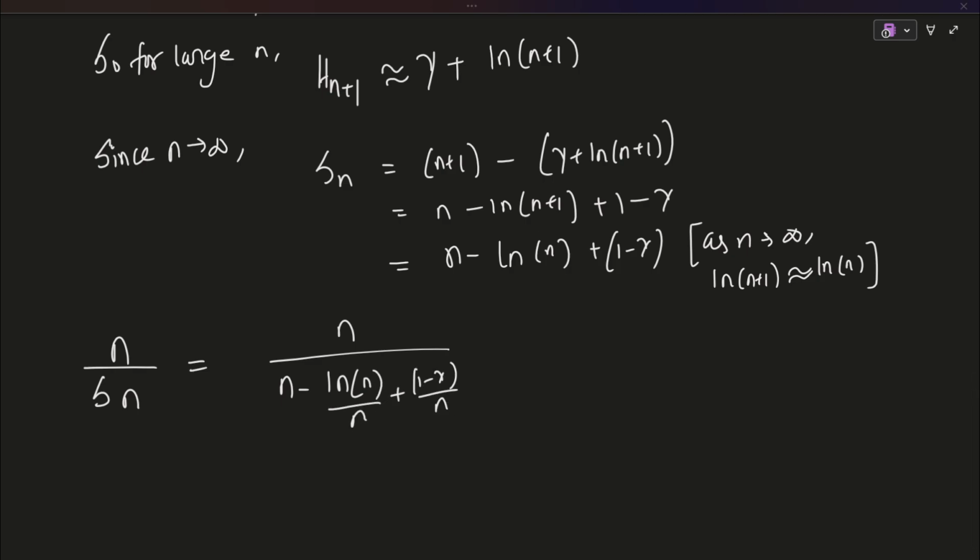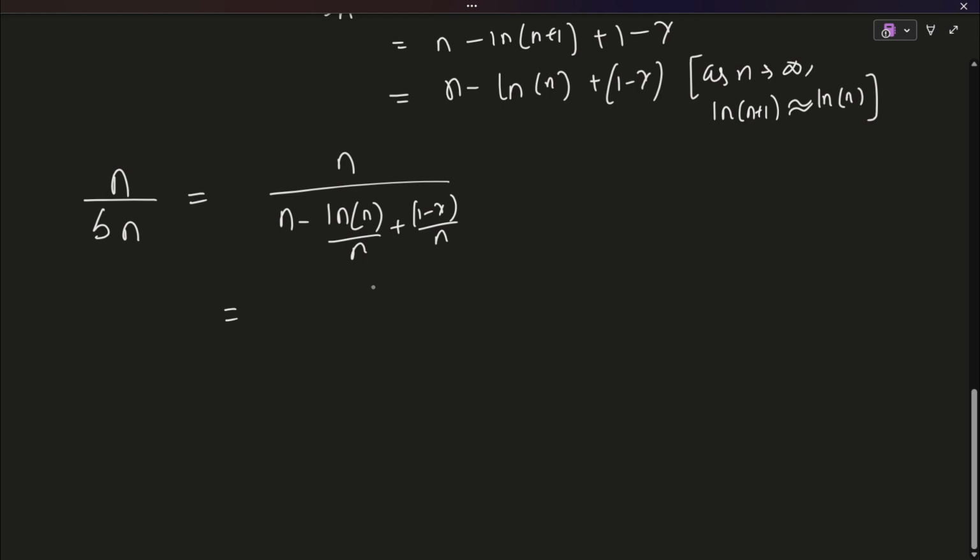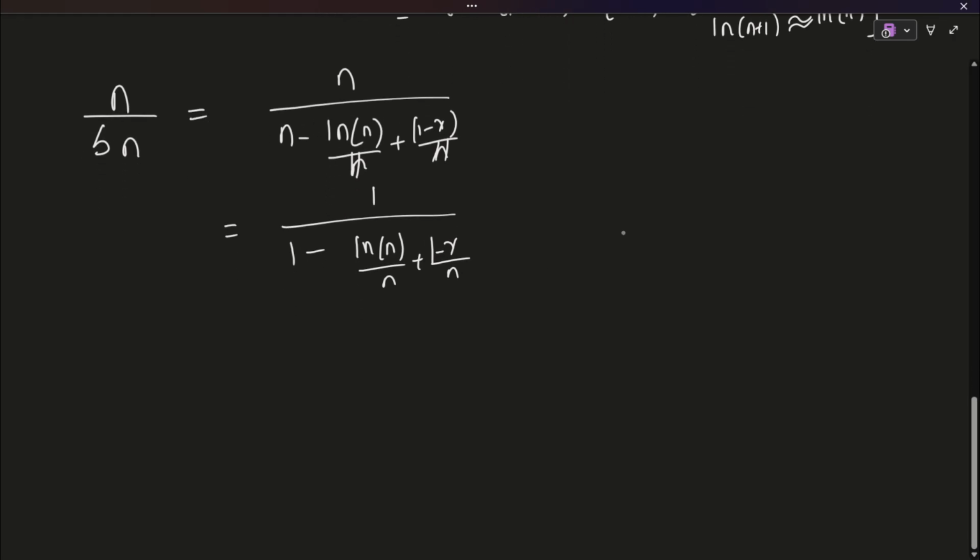Okay, so I'm dividing now, obviously: ln of n by n plus 1 minus gamma by n. Yeah, so this is what we should have after dividing. Again, since n is very large, right?